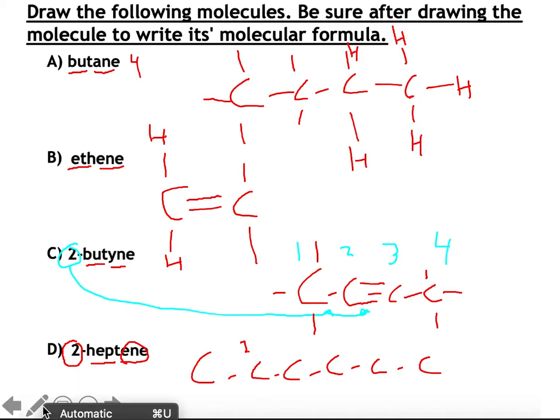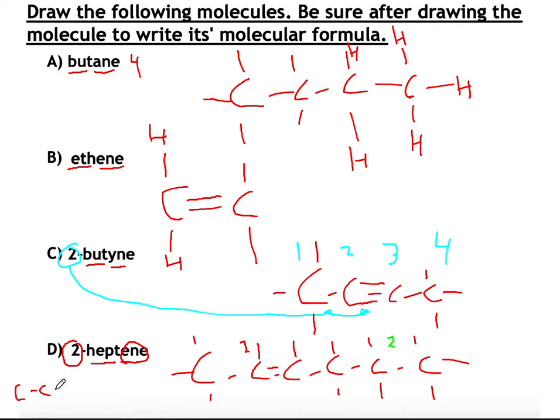If we count from right to left, this is our second carbon. So I'm actually going to try to draw both versions. I'm putting that in quotes because they're really the same thing. But this, 1, 2, 3, this is 2-heptene.